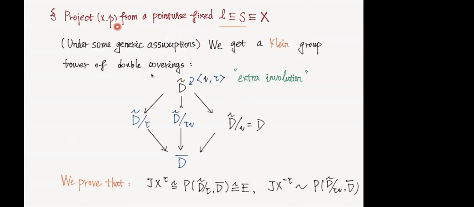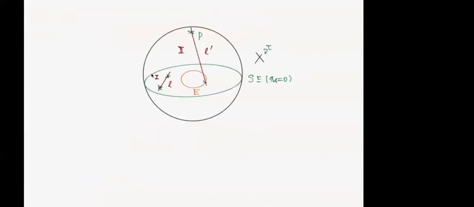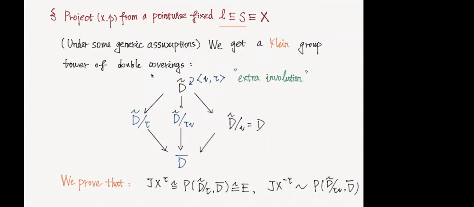Then let's try to project this Eckardt cubic from these two types of lines. If I project it from one of the 27 lines on the cubic surface, then I get some extra involution. Let me explain. For any cubic threefold, you will always get this cover. D is a discriminant quintic, as we just explained, and this D tilde is just the union of two lines.